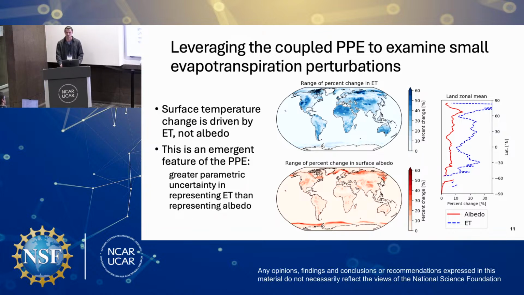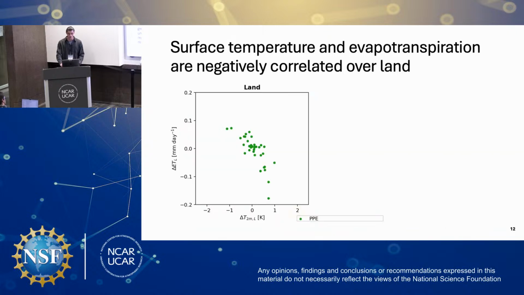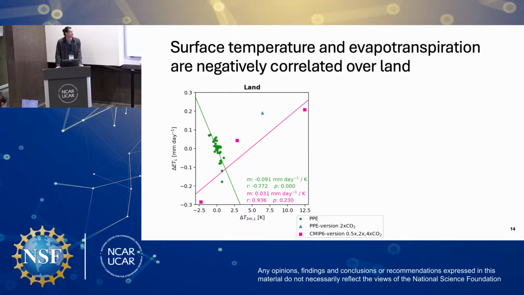So first, this is very intuitive, but the surface temperature and ET are negatively correlated over land across the ensemble members. This is ET and change in surface temperature for the PPE. Again, there's a negative correlation. This makes sense, but it's very different than when we look at CO2 forced simulations.